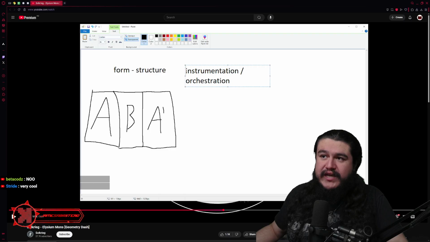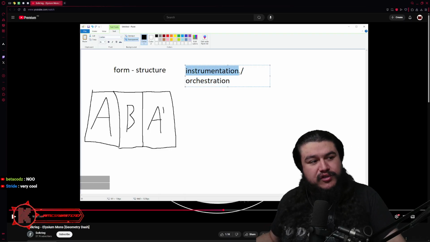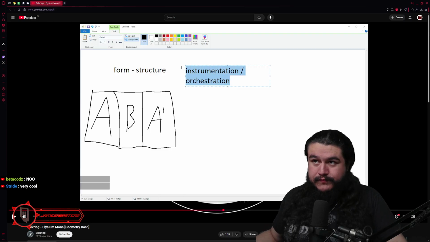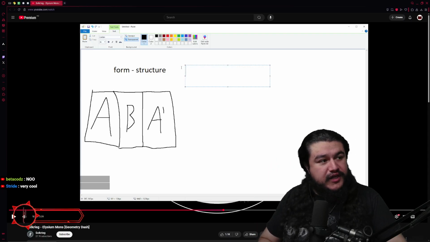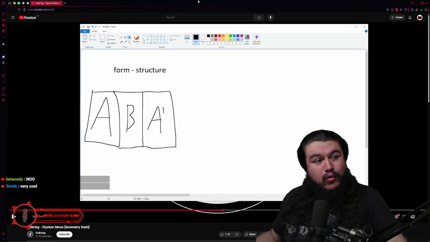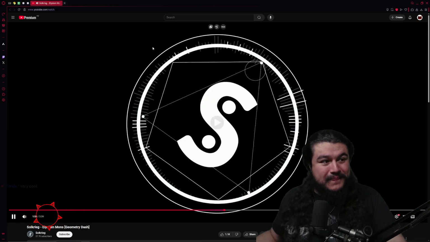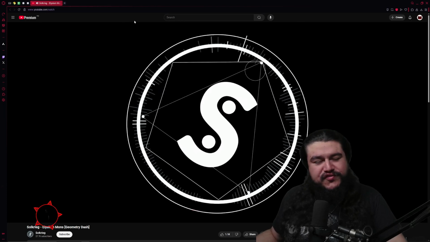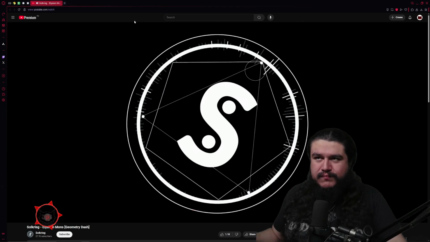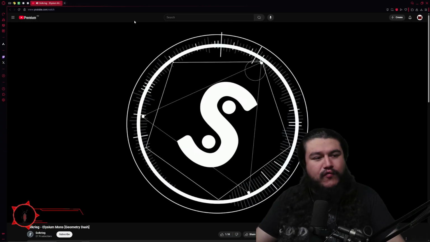Instrumentation, in this case, we have decided we're going to play the same thing, we're just going to change which instruments do what. And just the change in timbre and texture is more than enough to make this feel completely new, even though we are doing the exact same material. Almost exact same, like there's a couple of minor adjustments here and there, but overall it's the same idea.